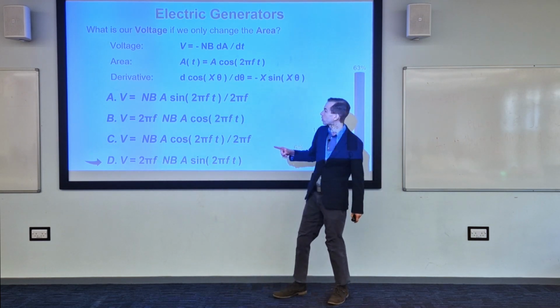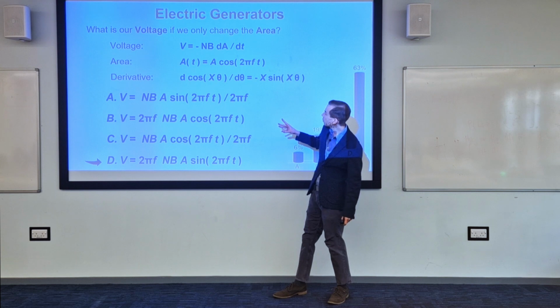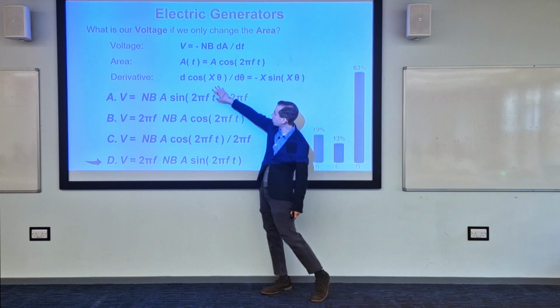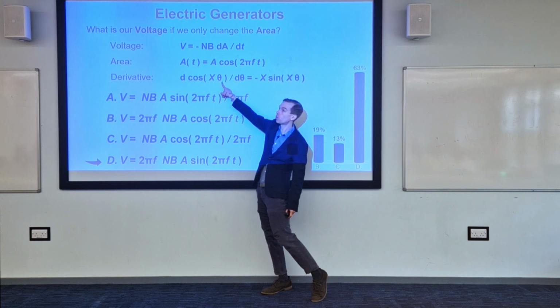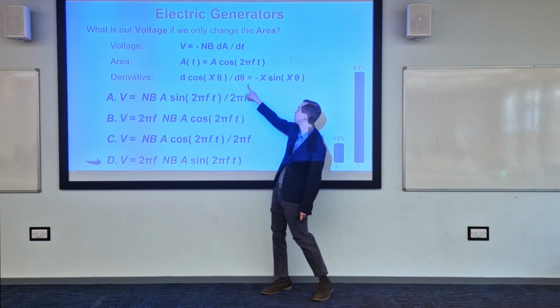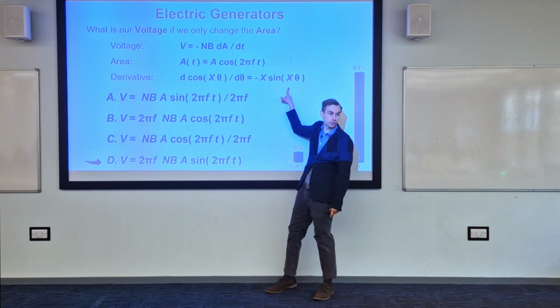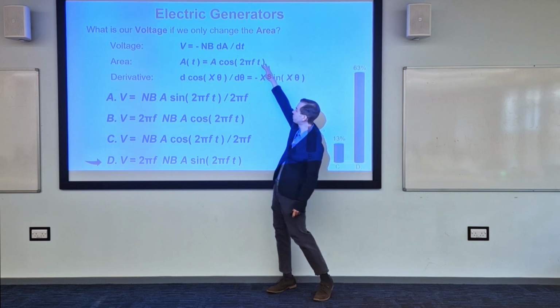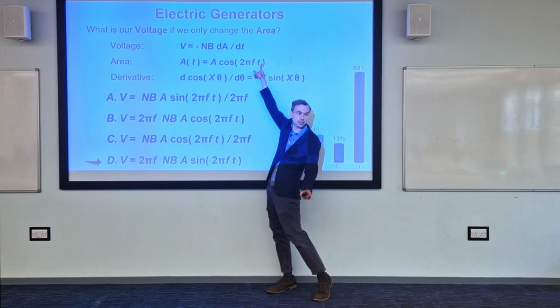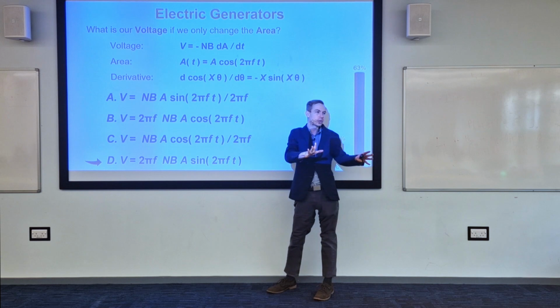Okay, great question. So if we think about our function here, the derivative of cosine x theta with respect to theta is equal to all this stuff. So in our situation, we're taking the derivative of this area with respect to time. Maybe I wasn't super clear on that actually.